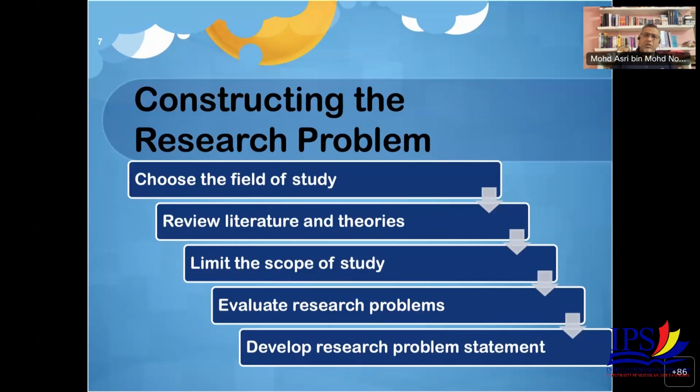For example, if students come to me and talk about they want to do research on leadership, I would tell them no. I would tell them that there are too many studies on leadership, so it has become insignificant to the field, because that's just too much.